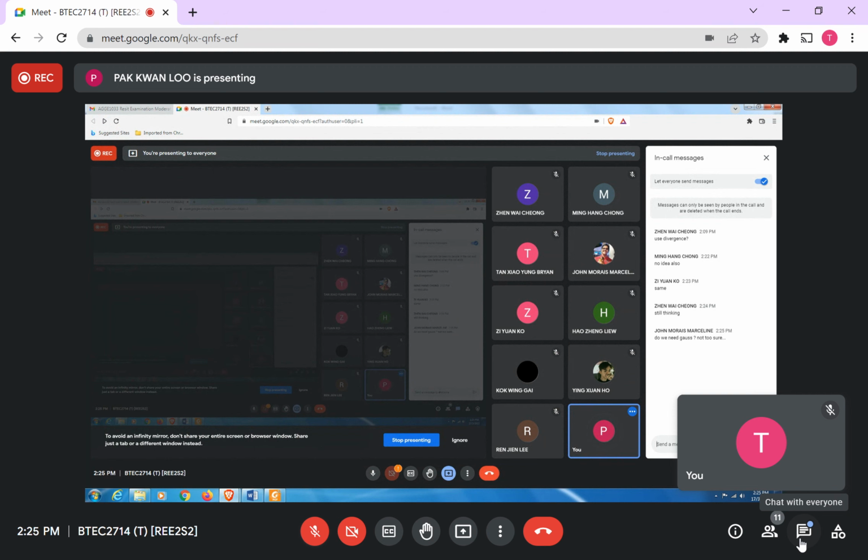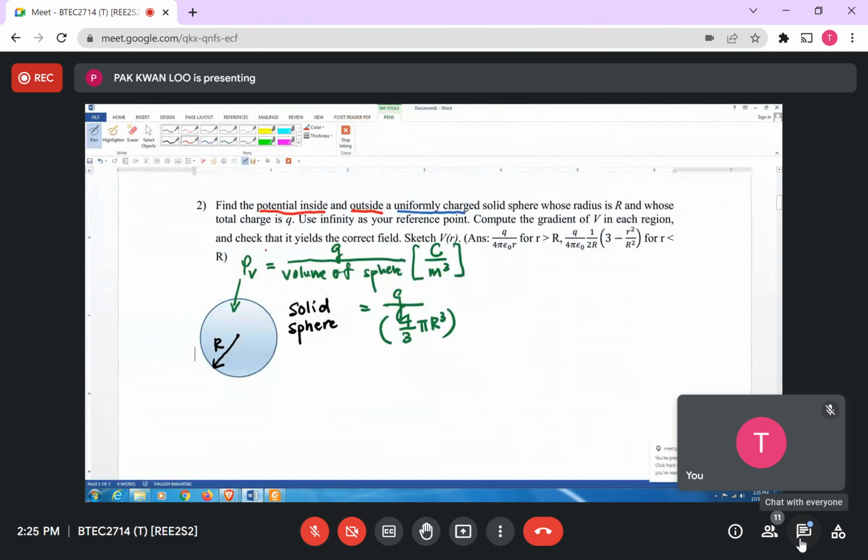Since the question already mentions that the total charge Q is distributed over the volume, we can formulate the volume charge density, which I have written here. So given that, we use Gauss's law. Basically, we can determine the electric field. So first, we will determine the electric field.